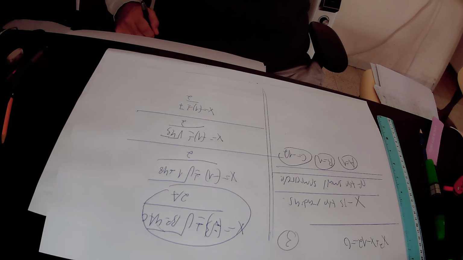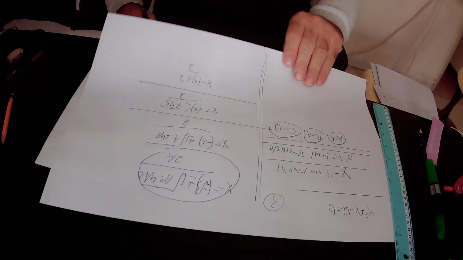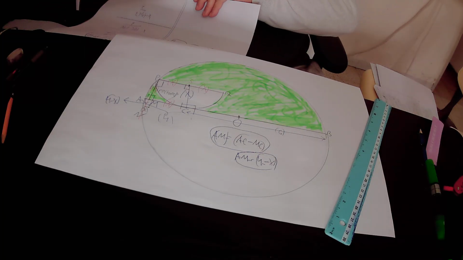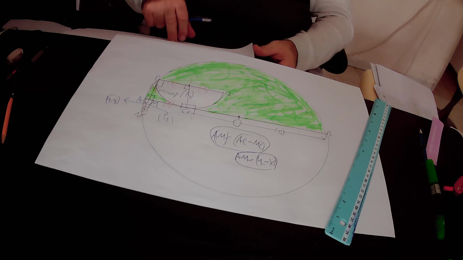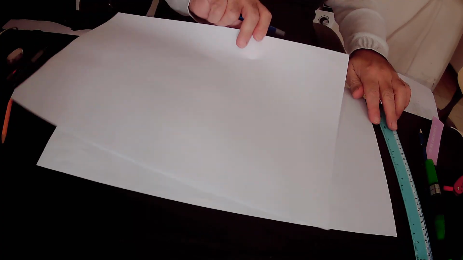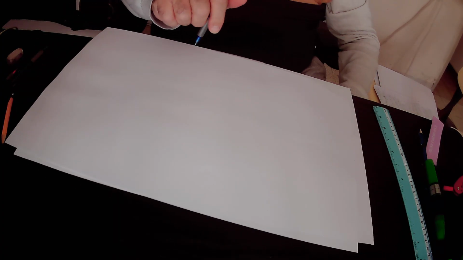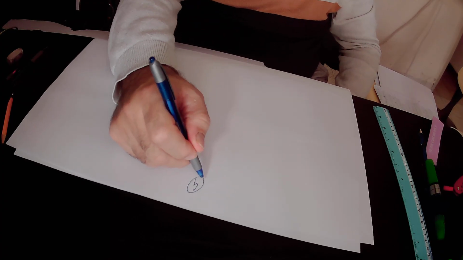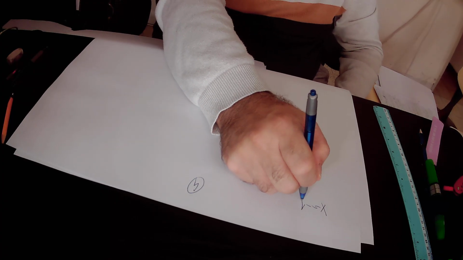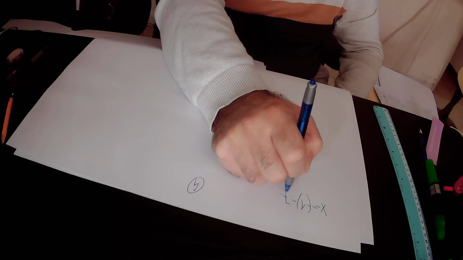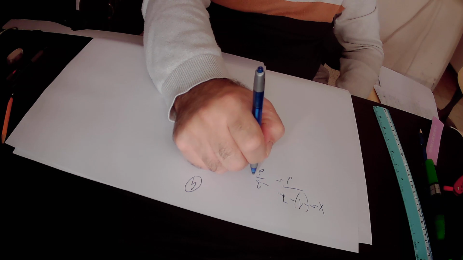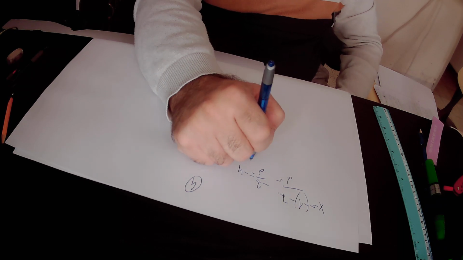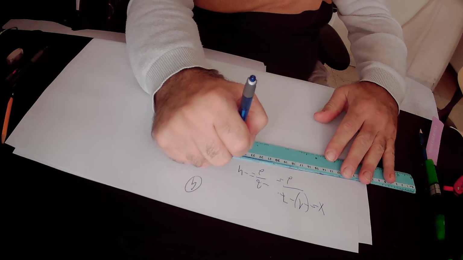So here we have two possible solutions for x. The first solution is x equals minus 1 minus 7 over 2. Minus 1 minus 7 is minus 8, and minus 8 over 2 is minus 4.